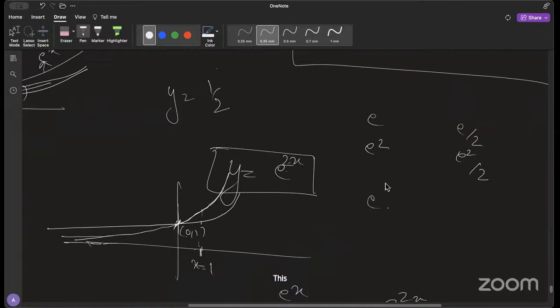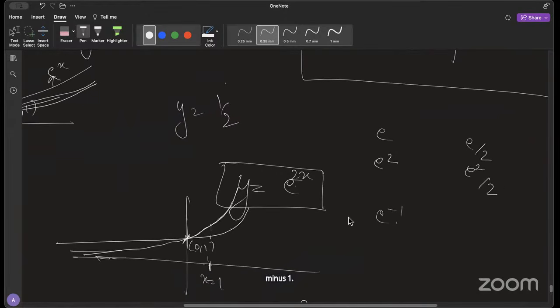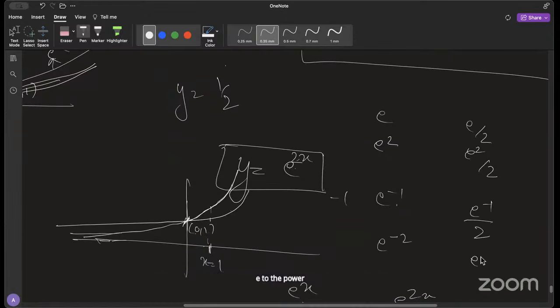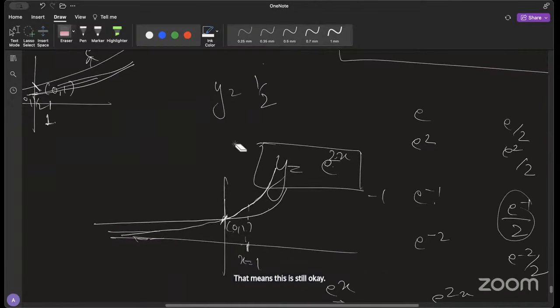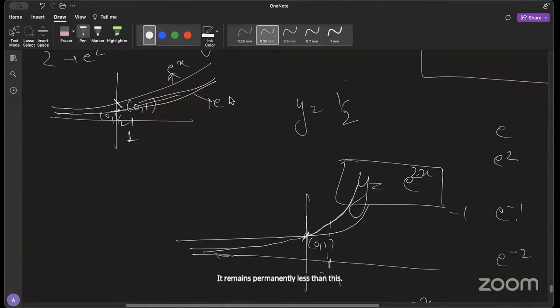At minus 1, you will have e to the power minus 1, e to the power minus 1 by 2. E to the power minus 2, e to the power minus 2 by 2. That means this is still okay. This is still less, right? It remains permanently less than this. This is e to the power x by 2. Is that okay?